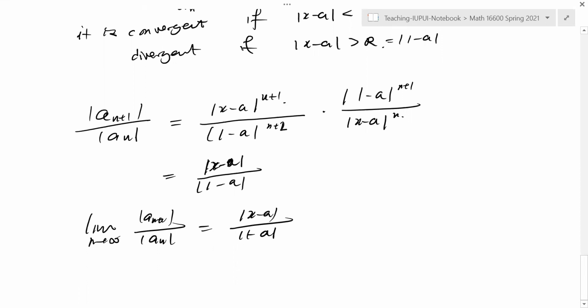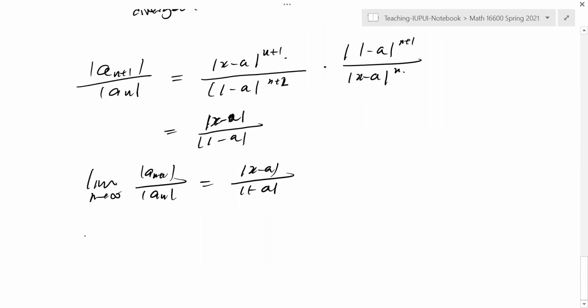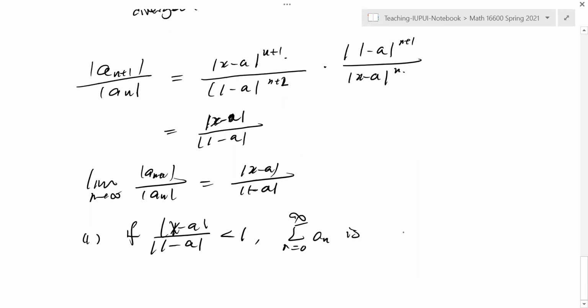So by the ratio test, if this is less than 1, then this series is absolutely convergent.